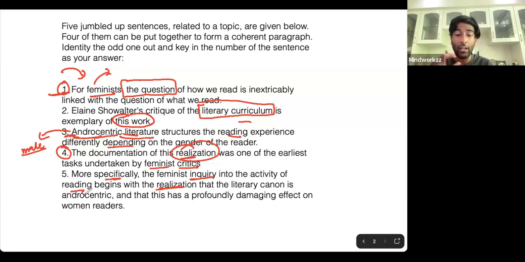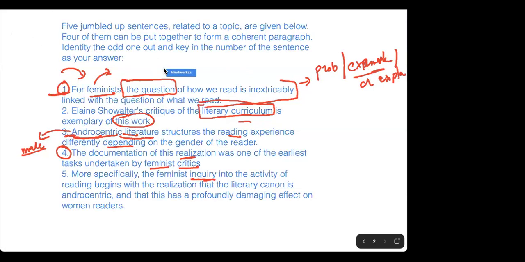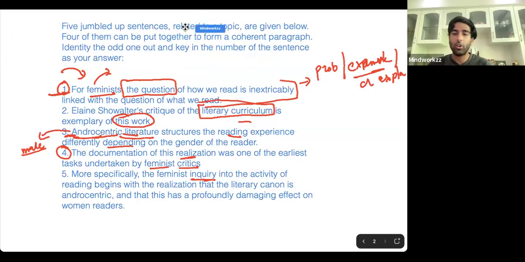What I want you to try to understand from statements 1, 2, 3, 4, 5, before we come to the way to solve the question is this: if you read sentence number one, tell me, is sentence number one trying to tell you about a problem, or is it an example or explanation?